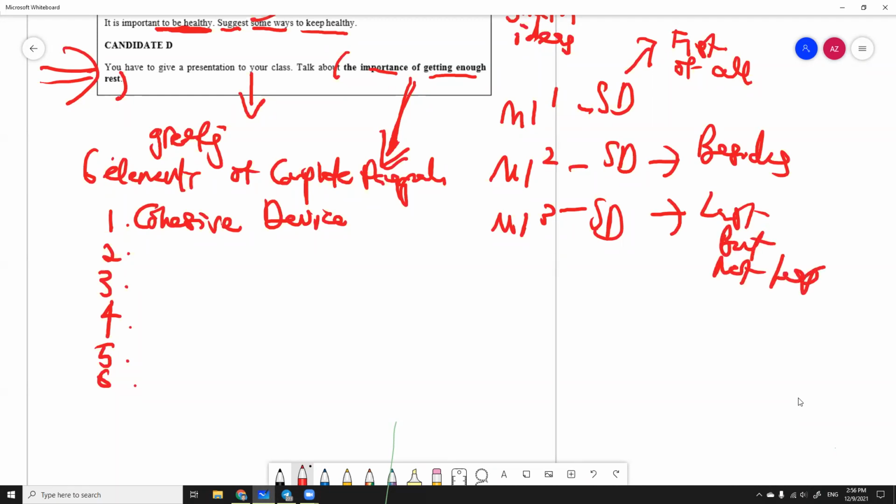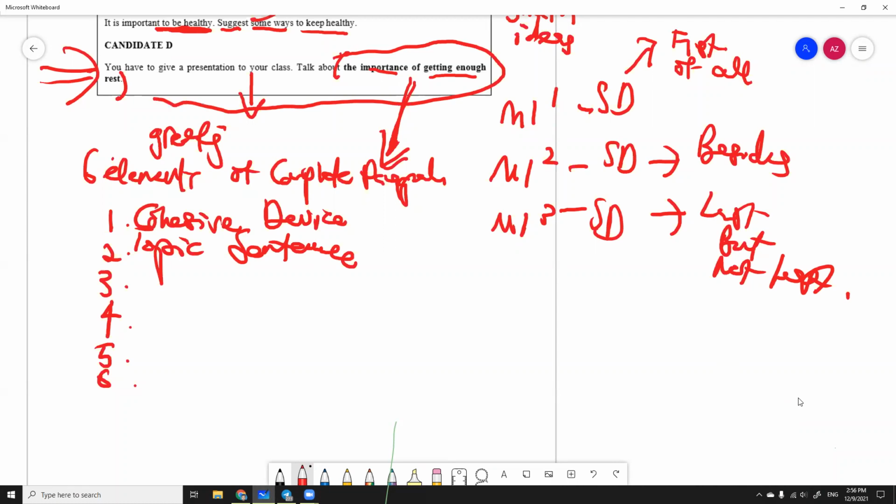Okay, all right, and then number 2, that would be your topic sentence. Topic sentence over here would be the importance of getting enough rest. This is actually your topic sentence. And then the main point 1, main point 2, main point 3, this stands for your thesis statement.